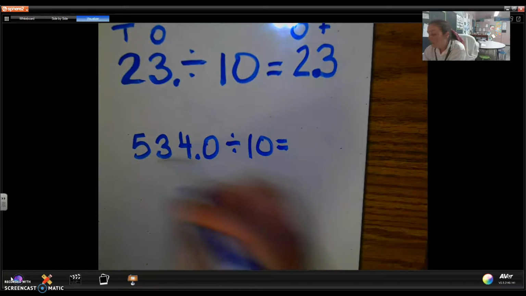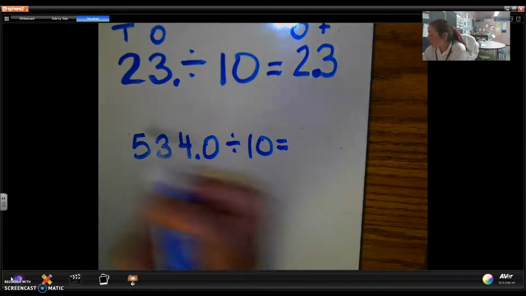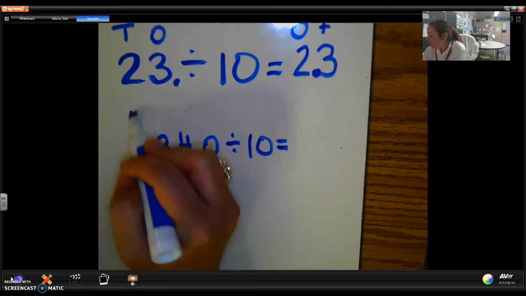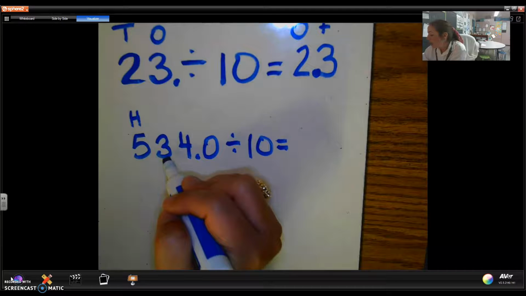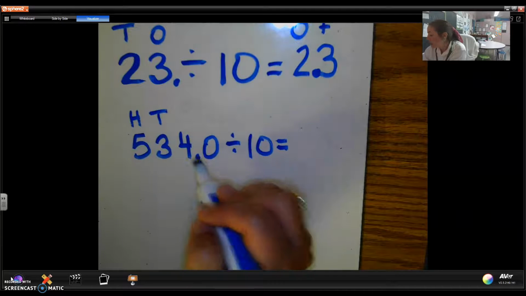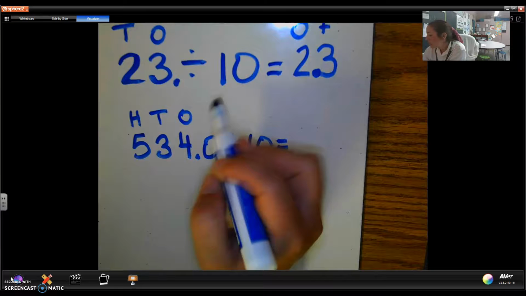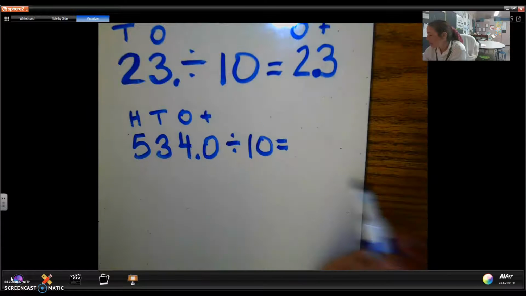Okay, now let's label our place values. In 534, my 5 is in the hundreds, my 3 is in the tens, and my 4 is in the ones. And I have 0 in my tenths.